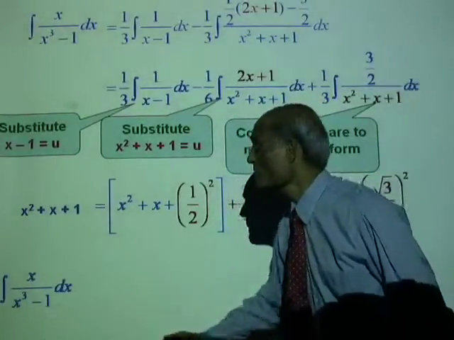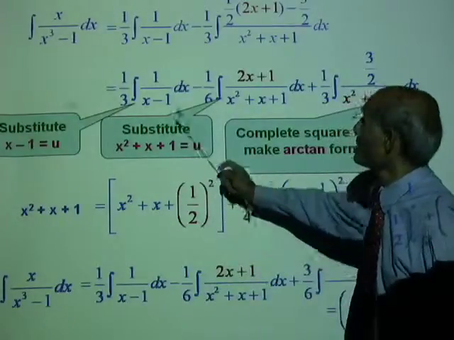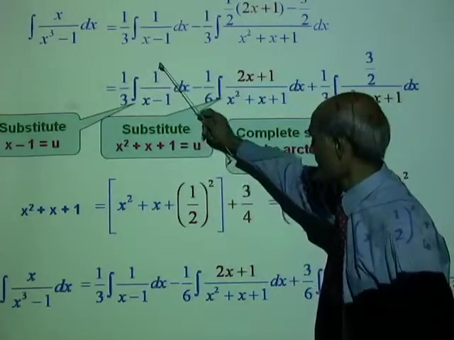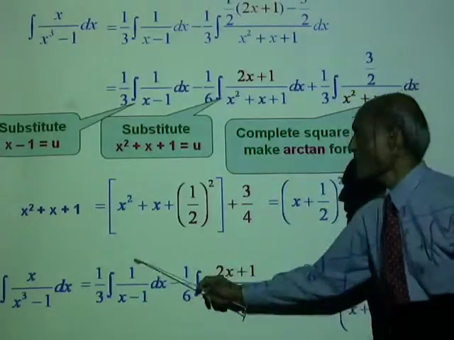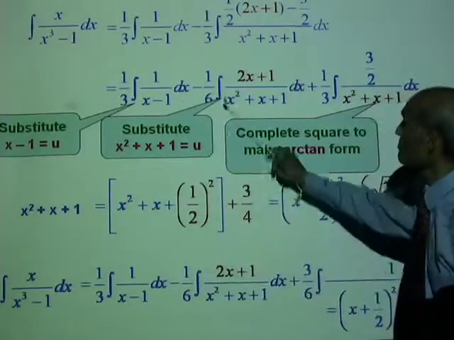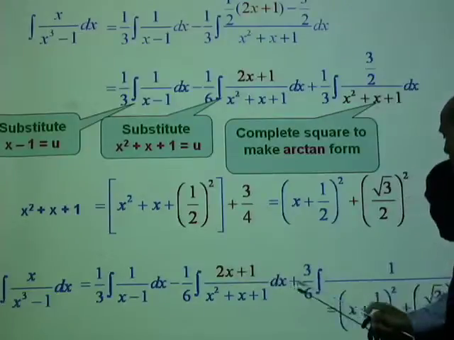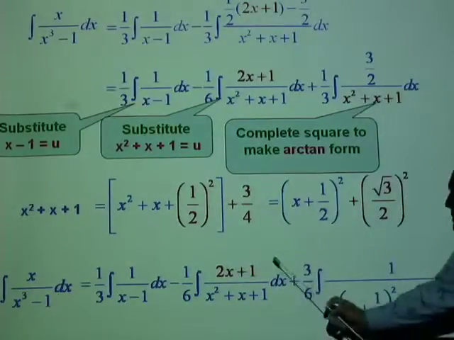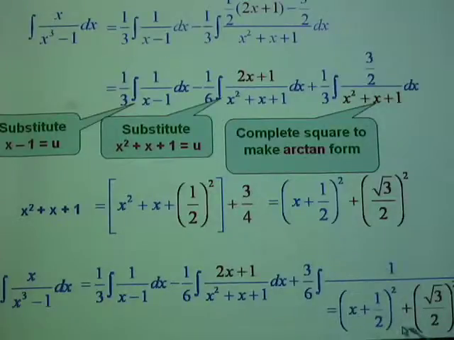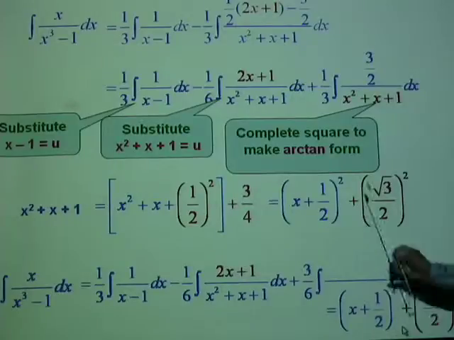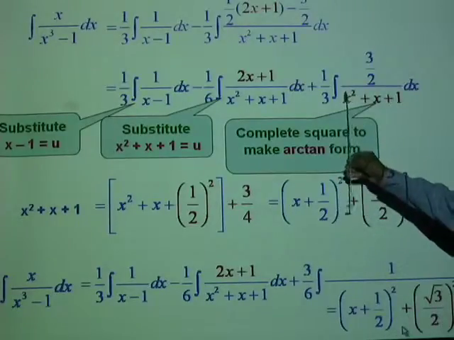Okay, so now let's write all this together. Integral x over x cubed minus 1 is 1/3 times 1 over x minus 1 dx, minus 1/6 of this plus 3 over 6. We left all this there and we just deal with that denominator. What did that denominator become? And also you noticed one thing.